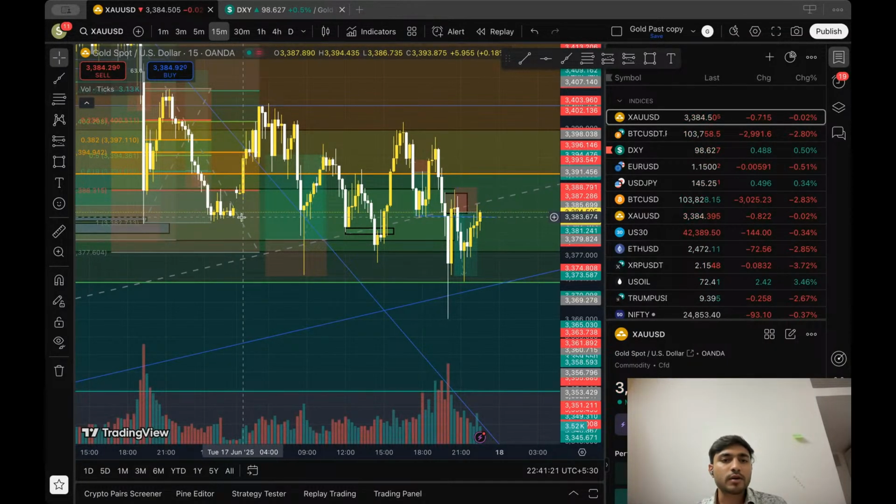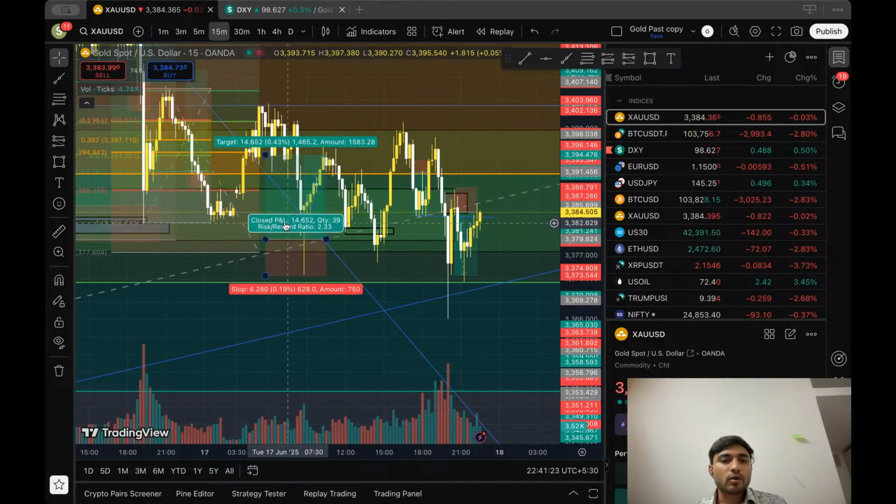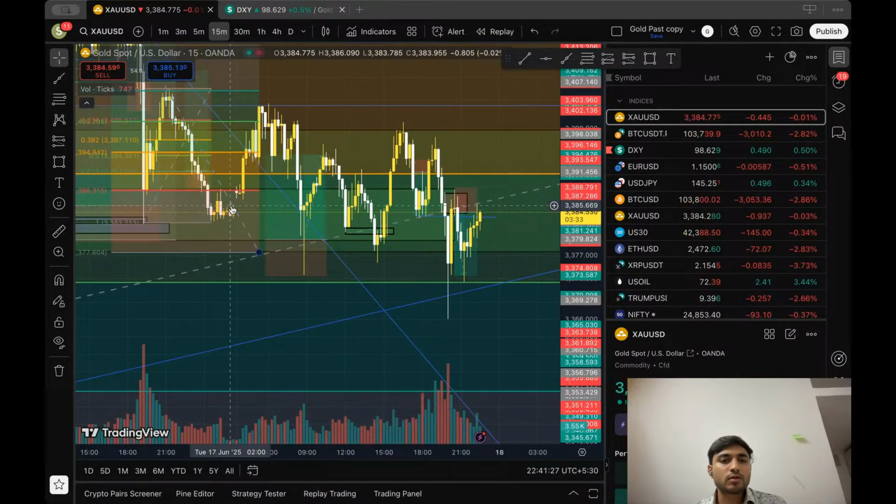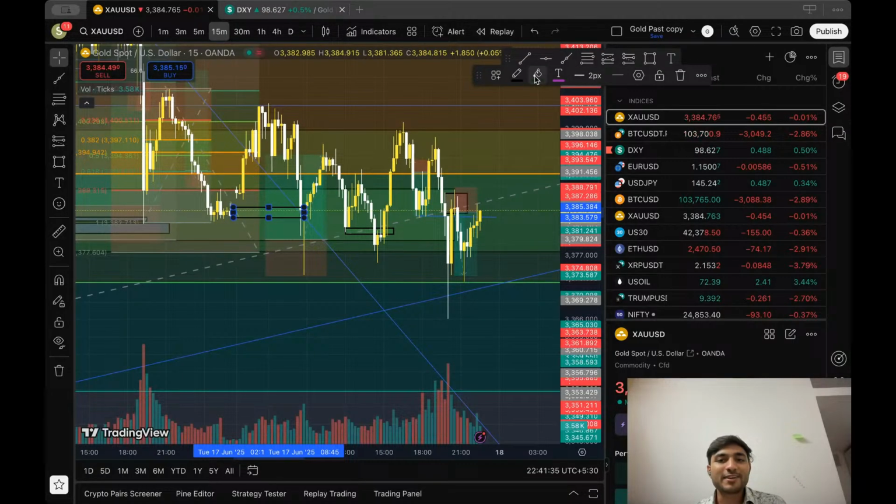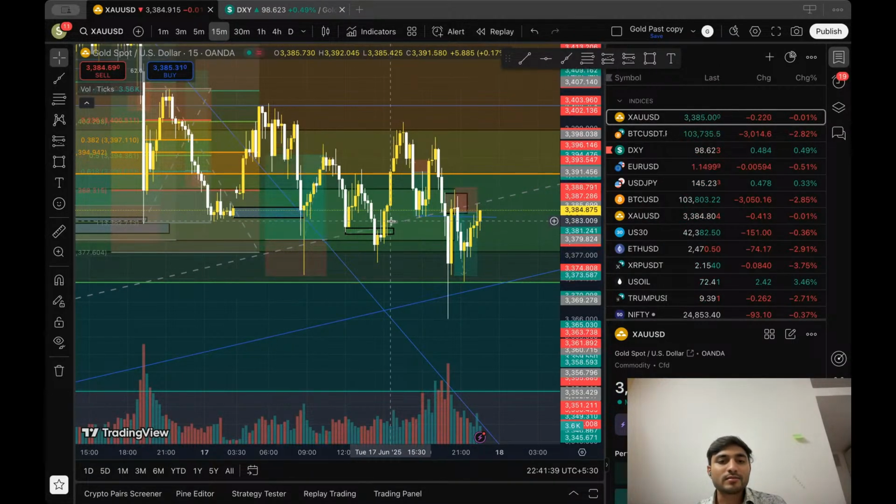This is a magic block, right? Below the magic block we didn't close. If you see the closing, below the magic block we didn't have a closing, which is a good sign. But see how much variance it had.